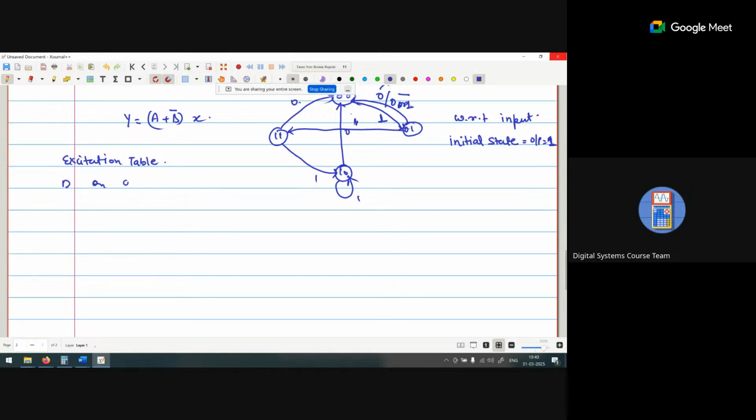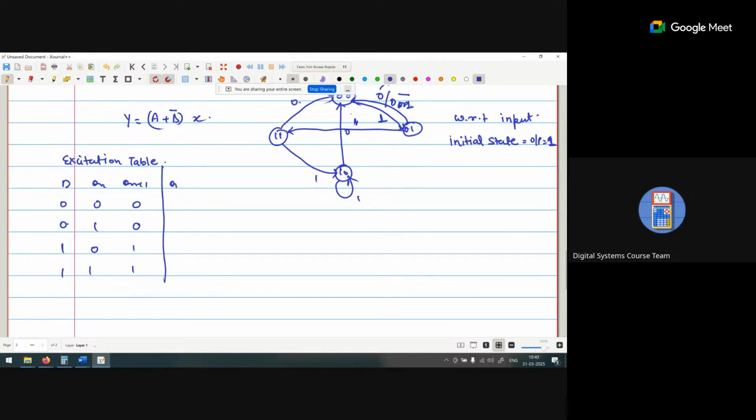Excitation table: D, Qn, Qn plus 1. D is 0, Qn is 0, Qn plus 1 is 0. D is 0, Qn is 1, Qn plus 1 is 0. D is 1, Qn is 0, Qn plus 1 is 1, and D is 1, Qn is 1, Qn plus 1 is 1. So this is the truth table.